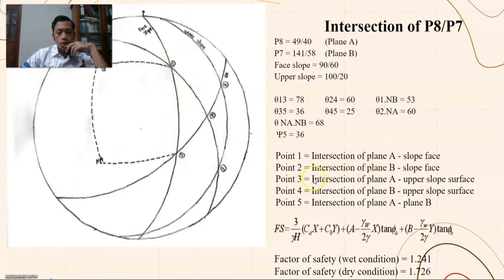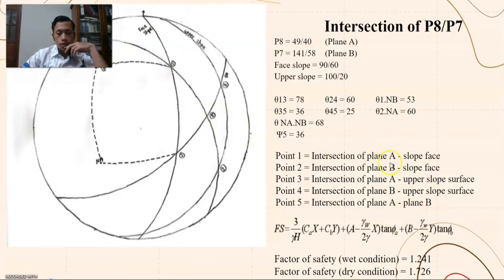Point 3 is the intersection of plane A and upper slope surface. Point 4 is the intersection of plane B and upper slope surface. Then point 5 is the intersection of plane A and plane B, which is here.